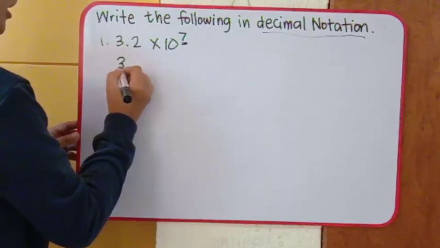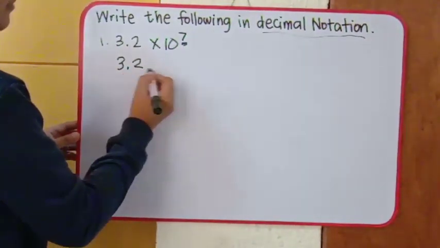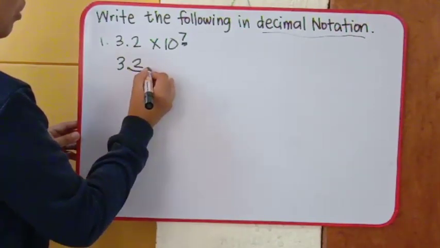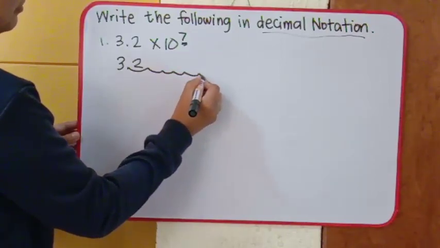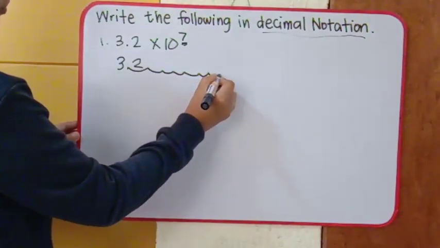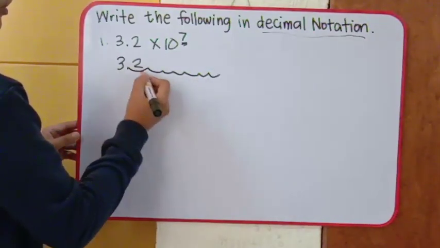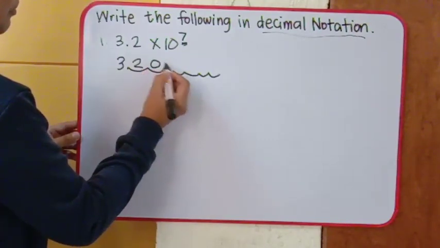So we have here 3.2. Since this is positive, we move it 7 places to the right. So we have here 1, 2, 3, 4, 5, 6, 7. So we already have this movement of the decimal point. For those spaces where we don't have a number, we will just write 0.